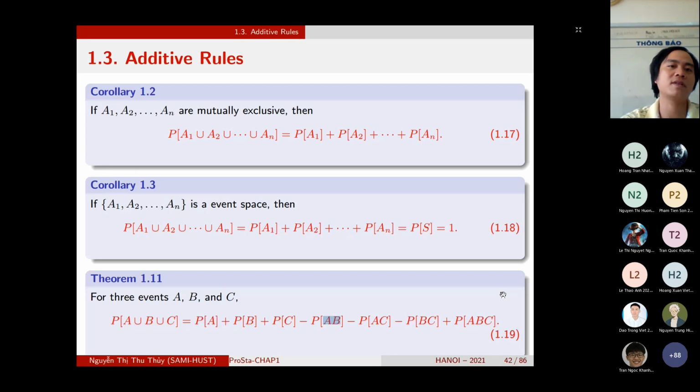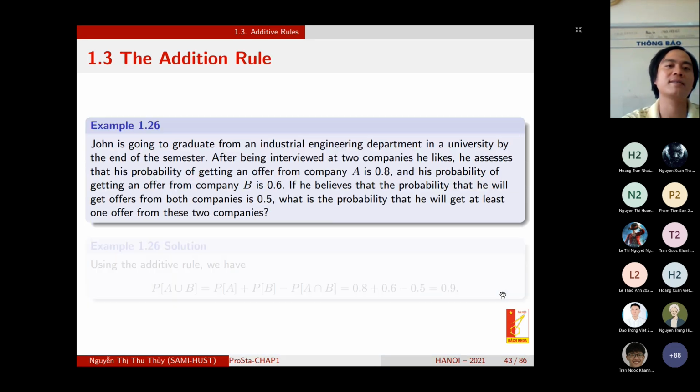Okay, you can draw the diagram to see that. So it's not difficult to derive that formula.